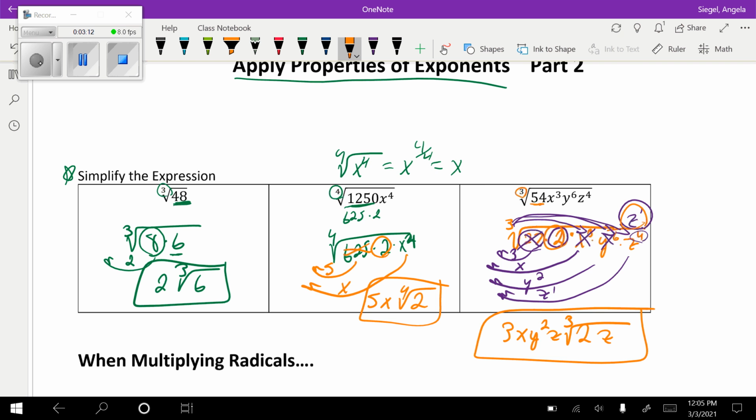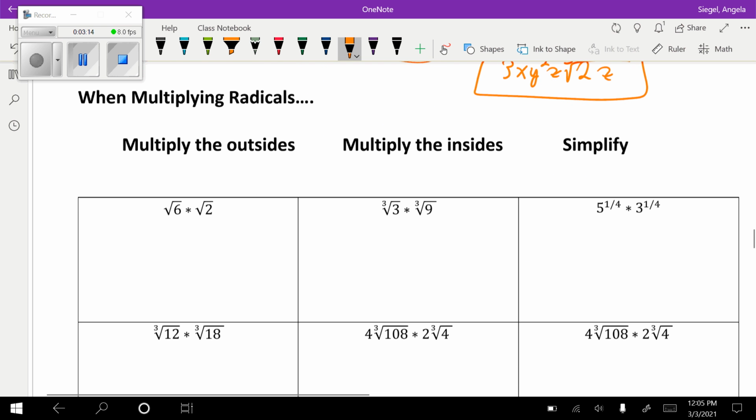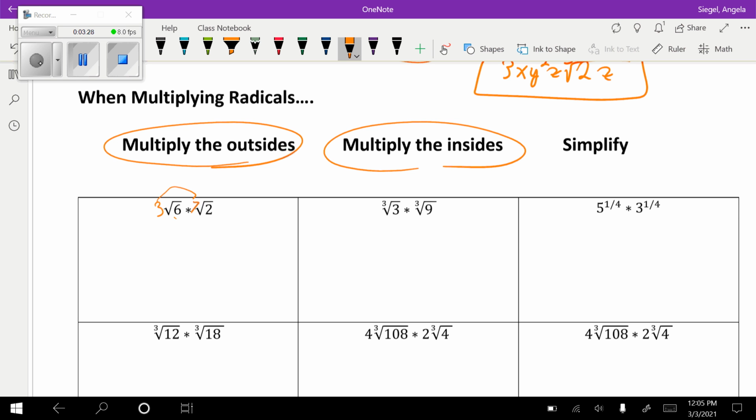So that's it. Okay, so when we are multiplying radicals, we're going to multiply the outsides together. So like if I had a number like 3 and 7 on the outside, I would multiply those together and then multiply the insides and see if I could simplify. So that's where we're going to start. So I don't have anything on the outside here.